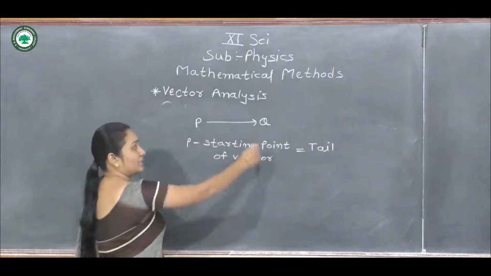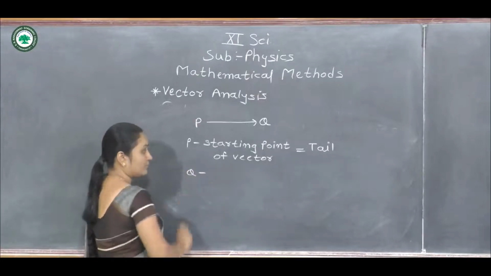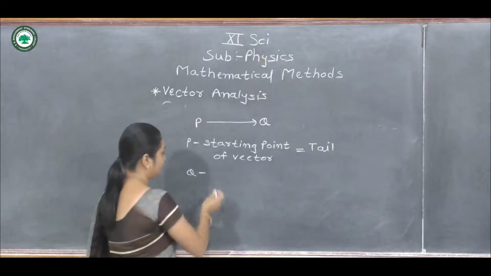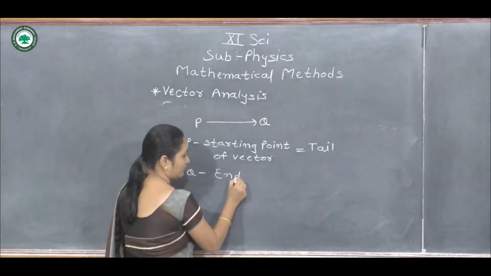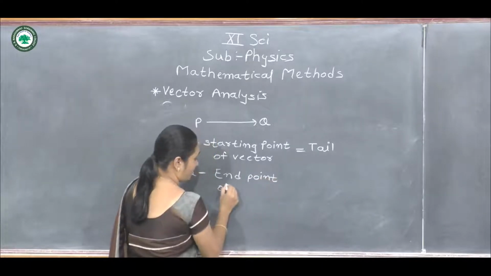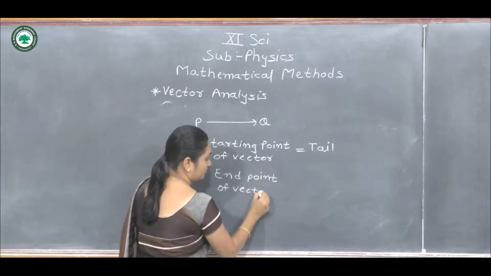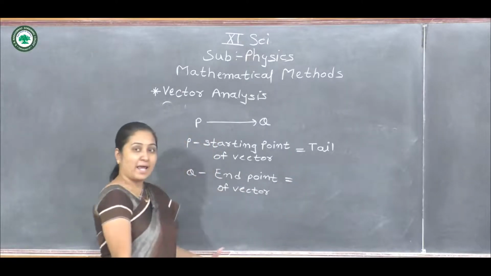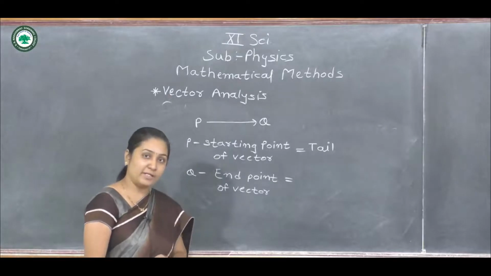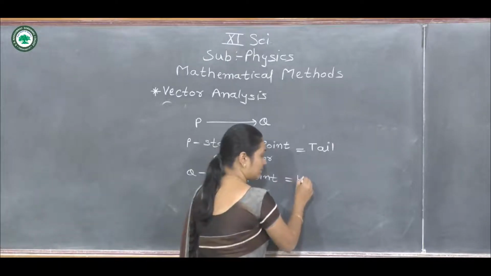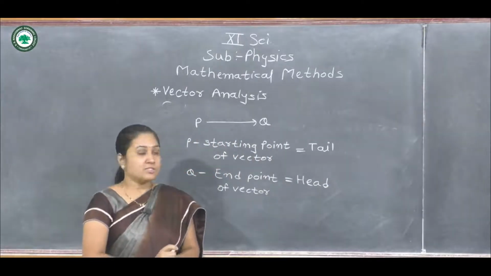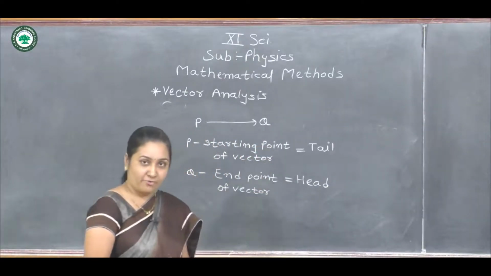Then this Q is the end point of the vector. This end point is shown by the arrowhead, so this point is also called the head of the vector. So this is the general representation of a vector.